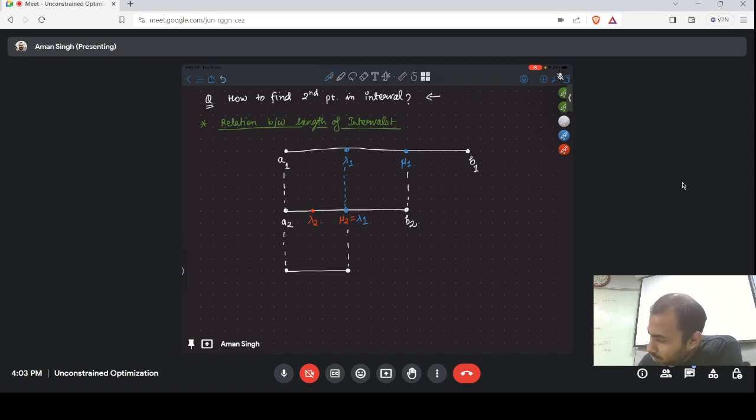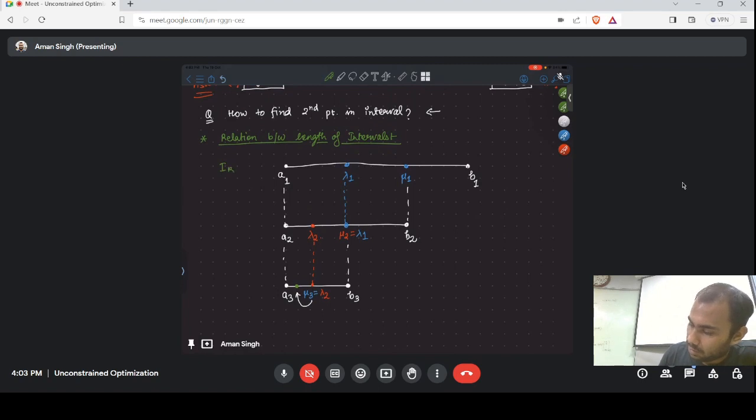So now this will be called A3, this will be called B3, and we have lambda 2 here, which we can write as mu 3 is equal to lambda 2. And we again find a point on the left of this previous point.